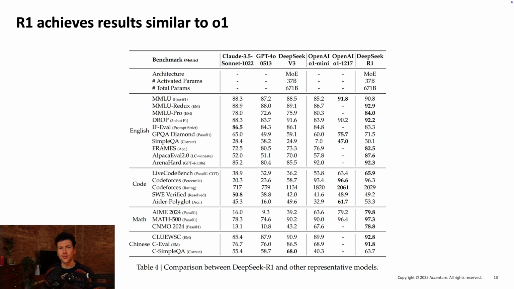They also tested one other thing. R1 is pretty expensive to run. It has 600-something billion parameters. But can you just distill the reasoning capabilities onto a smaller model, so the smaller model can also exhibit these reasoning capabilities without needing so many parameters?